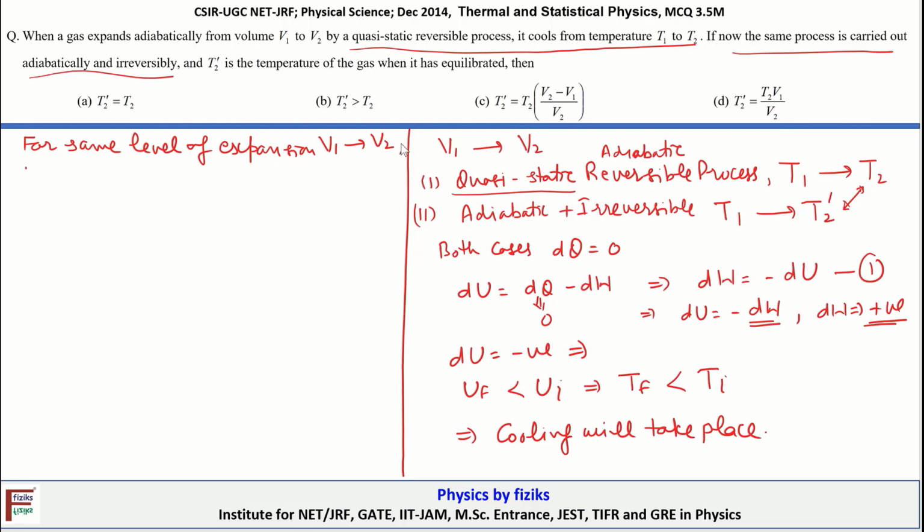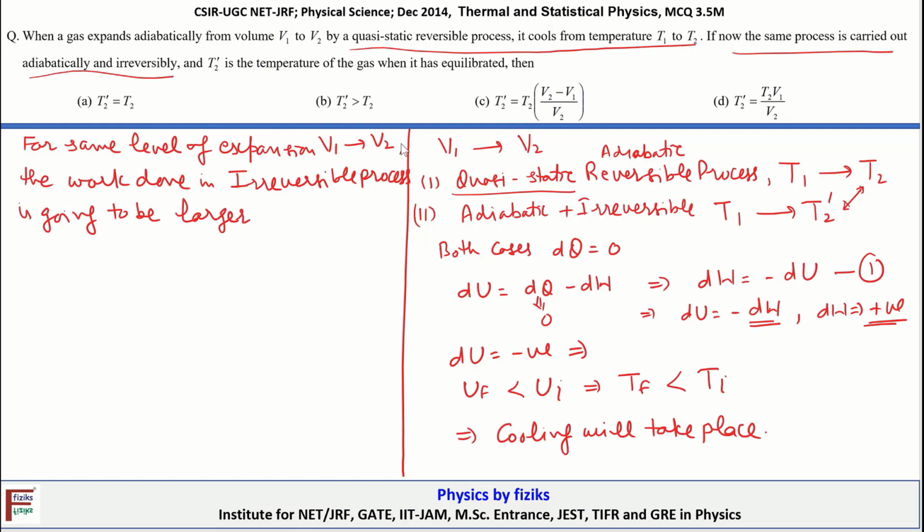Therefore the work done in the irreversible process is going to be larger than in a reversible process. Why?